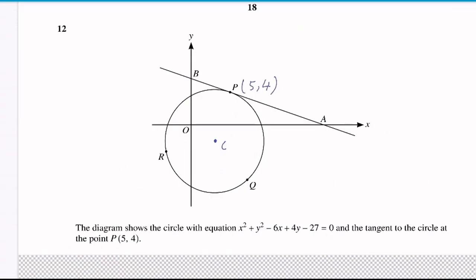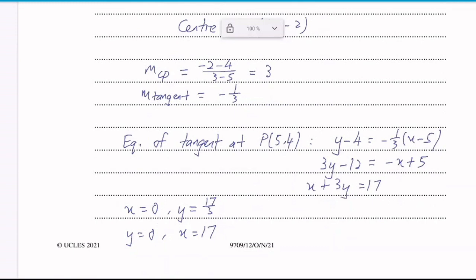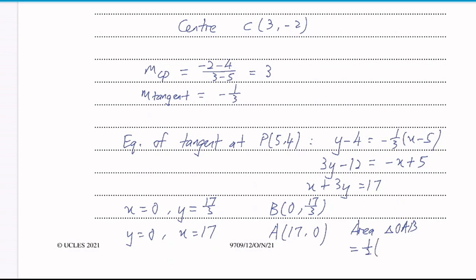B is the y-intercept, and A here is the x-intercept. So just find the area. Area of the triangle OAB is just half times 17 times 17 over 3. So you can get the value from there. That's how we find the area of this triangle.